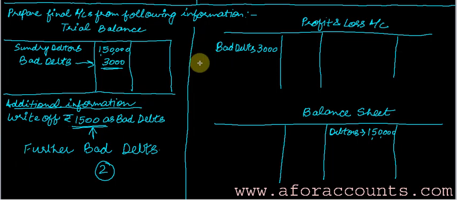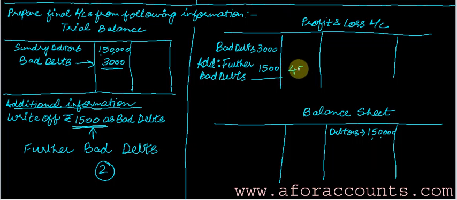I will add these further bad debts to my P&L account, 1,500, and my total bad debts will be 4,500, and in the balance sheet, from debtors, I will deduct further bad debts.